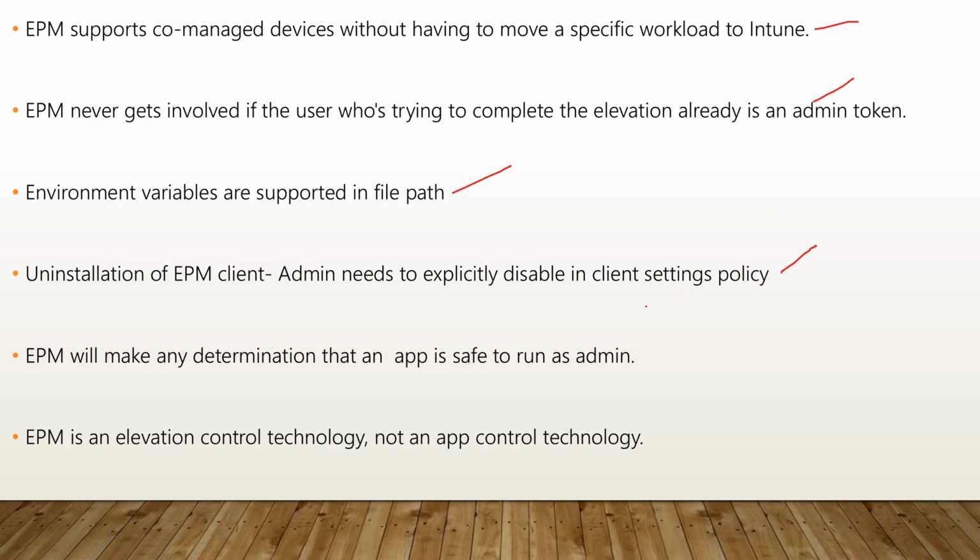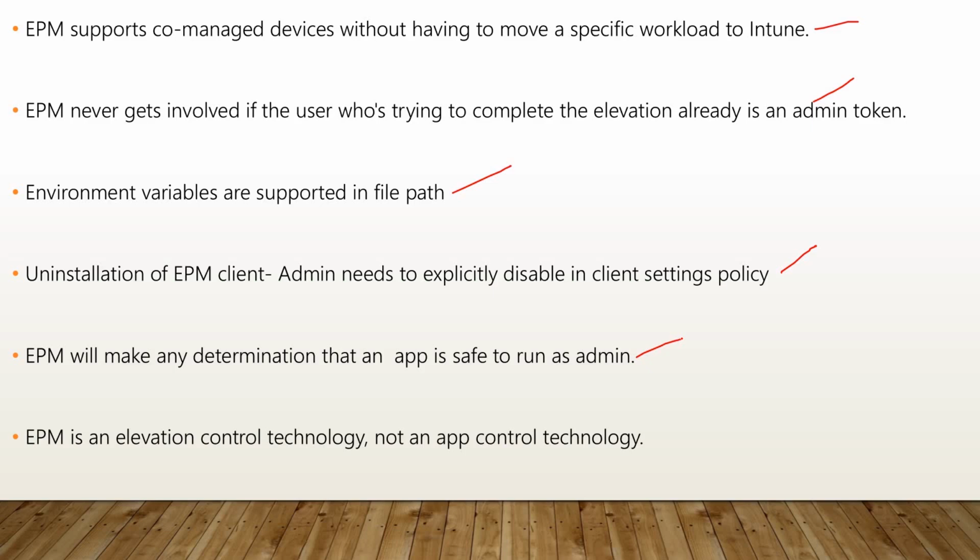Now, EPM is not going to make any determination on whether the app is safe to run as an admin. We as admins are making a determination on which application should be whitelisted and which should not. Tomorrow, if I whitelist a malware from the portal, then EPM is not going to make any determination and stop the user from launching that malware as an admin, because I as an admin have approved it.